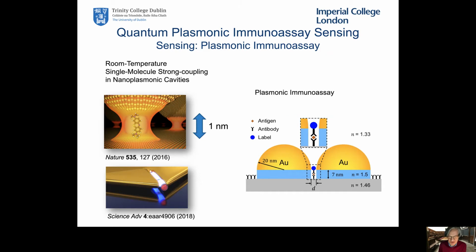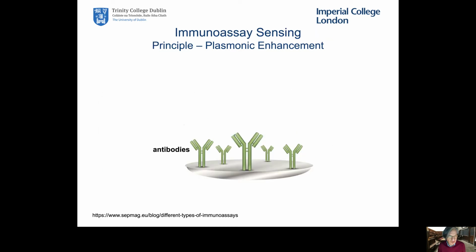And one which is perhaps very important, particularly at the moment, is linking up, since we have allowed our processes to happen at room temperature, with a process which is more at home in biological processes. Let me focus on one of those, and in particular on the so-called immunoassay sensing.